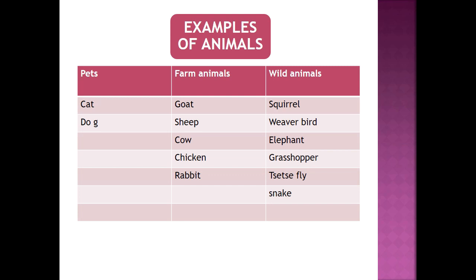Examples are goats, sheep, cow, chicken, rabbit. They are livestock. Wild animals are animals in their natural habitat. Examples are squirrel, weaver bird, elephant, grasshopper, sassafly, snake, etc. So these are examples of animals, either as pets, as wild animals, and as farm animals.